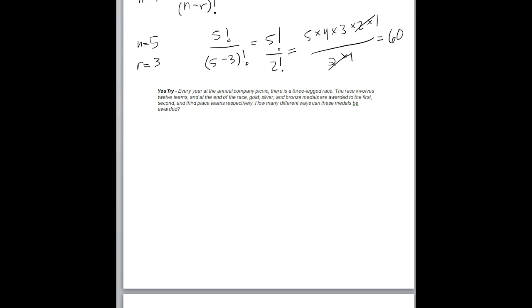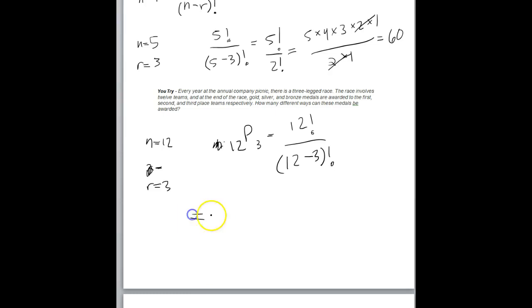And so now what are we doing? So we have 12 teams. So that is the set that we can choose from. So that's our n. Okay, 12. And the number of spots that we could finish is 3. So it's just going to be 12 permutation 3, which is going to be 12 factorial over 12 minus 3 factorial. Okay, I'm going to come down here to do this math.